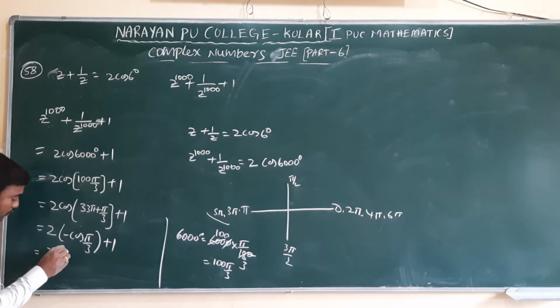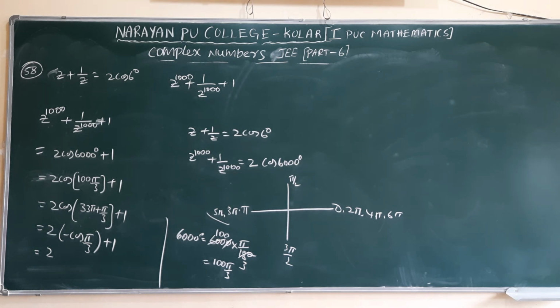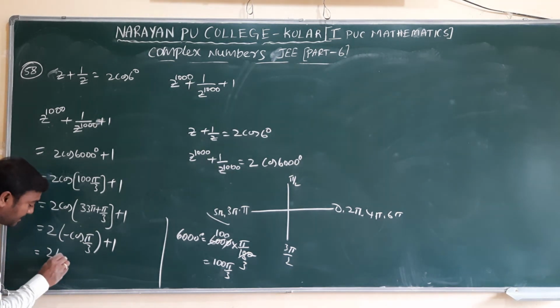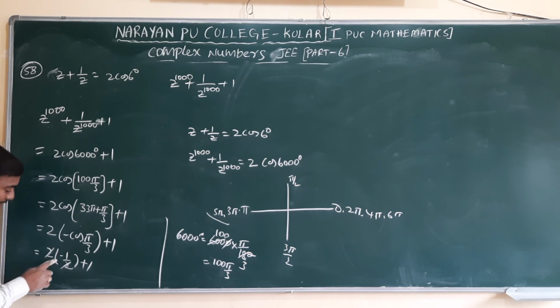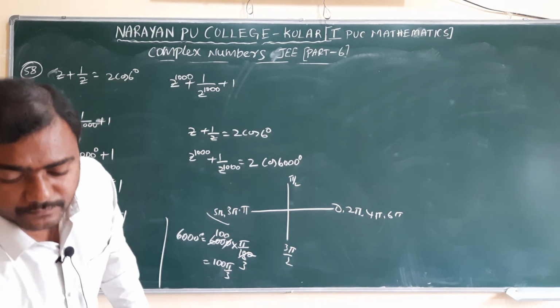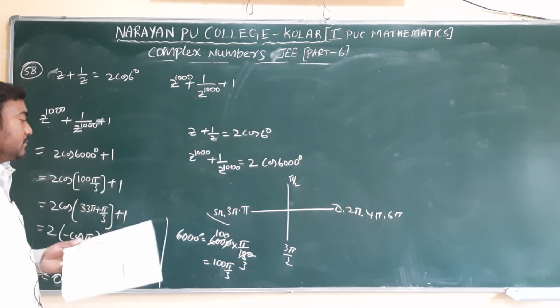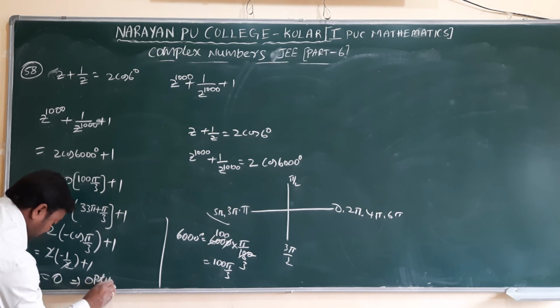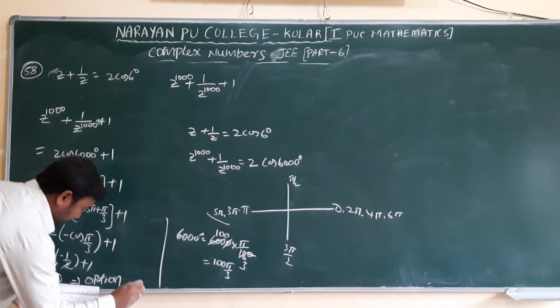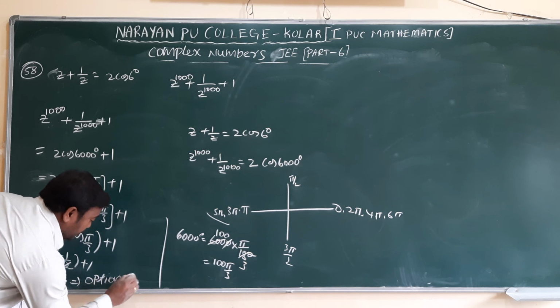So minus of cos pi by 3, value 1 by 2. We have 2 into minus 1 by 2 plus 1, 2 gets cancelled, minus 1 plus 1, we directly get 0. Your option A is the correct option.